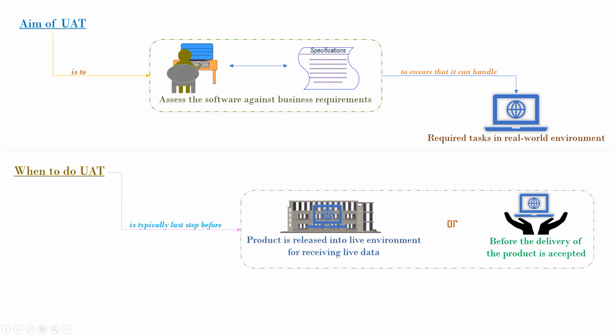Before accepting the product from the development team, sponsor or CRO needs to ascertain that software is working as per the requirement of the study protocol. UAT allows the sponsor or CRO to interact with the system and sign off that it works as intended.